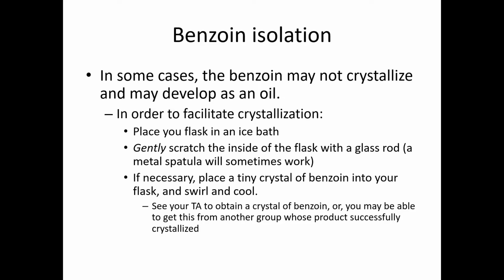By perturbing our oil in this cold environment, by scratching the inside of the flask with a stirring rod, it will seed the crystallization, and soon little tiny crystals of benzoin will start to form inside of the flask. Once this happens, you would just again vacuum filter out the crystals away from the liquid, and you would have successfully crystallized the benzoin.